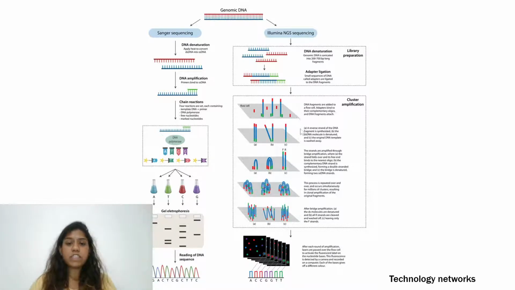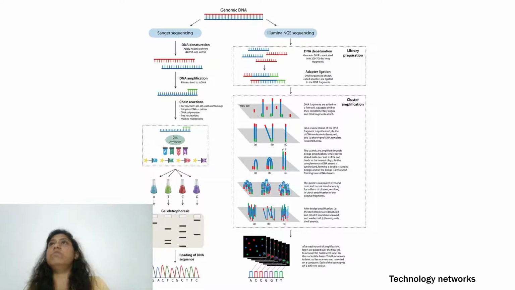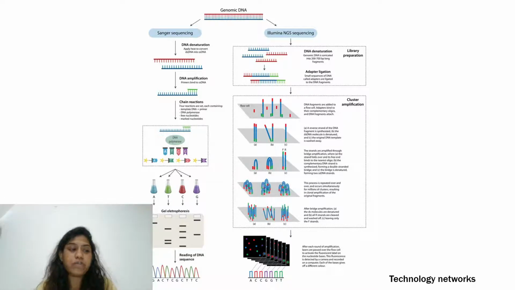Each of these chips is called a flow cell because they have complementary adapter sequences already embedded in them. This green portion and red portion is already embedded in this flow cell, and they'll be in very large numbers. Usually these reads are in millions, like 50 million, 10 million, and so on.